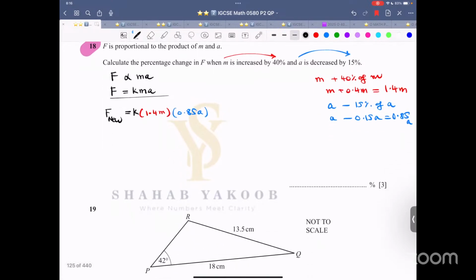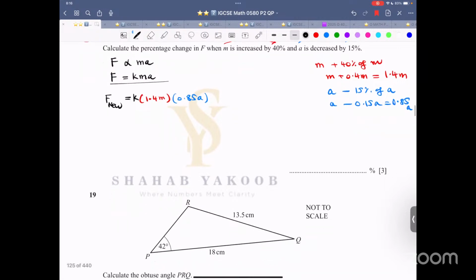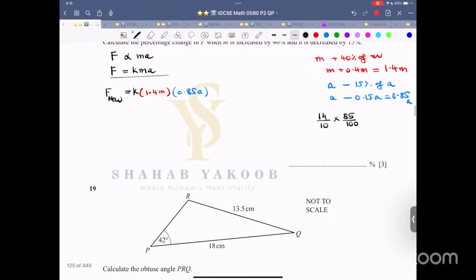If I multiply 1.4 by 0.85, 1.4 is 14 over 10, 0.85 is 85 over 100. I think they would be asking easy numbers. Let's say if this was a paper 1 question, I'll write this as 10 plus 4, this as 80 plus 5. 10 into 80 is 800, 10 into 5 is 50, 4 into 80 is 320, 4 into 5 is 20. 50 plus 20 is 70, 70 plus 20 is 90, 90 plus 1100 is 1190, divided by 3 zeros.